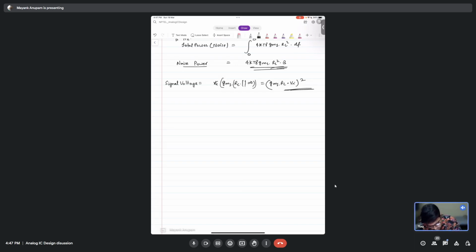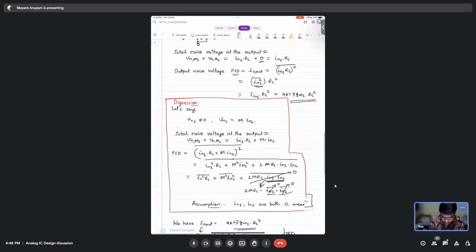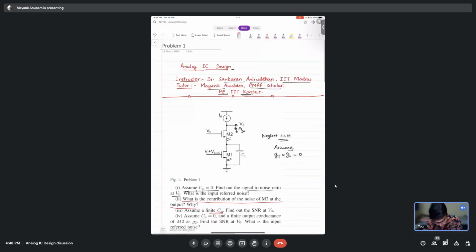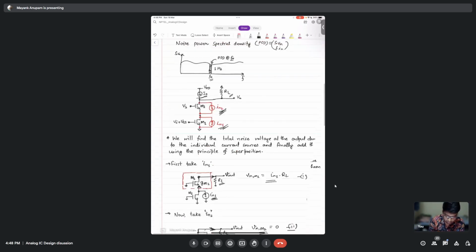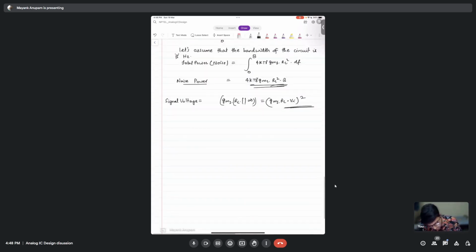What is the gain from input to output? This is the input, GM1 into RL. This is the small signal gain. So what will be the signal voltage at the output? GM1 RL times VI, right?